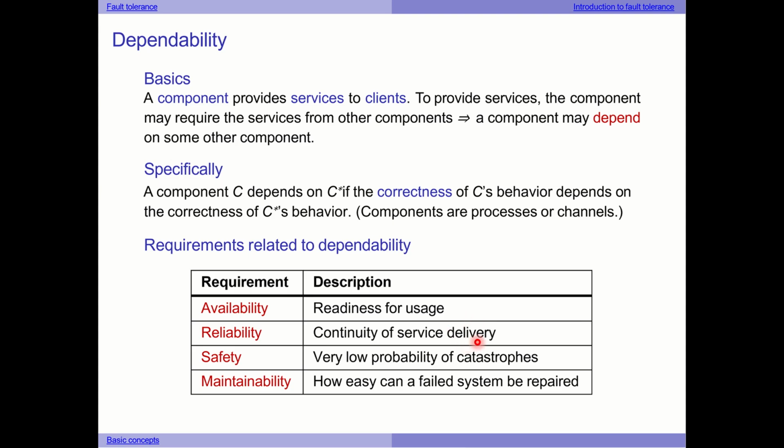Safety means the system must have a very low probability of catastrophe or damage if failure happens. Maintainability is how easily a failed system can be repaired. Meaning, when we develop a distributed system, the system must be able to be repaired.